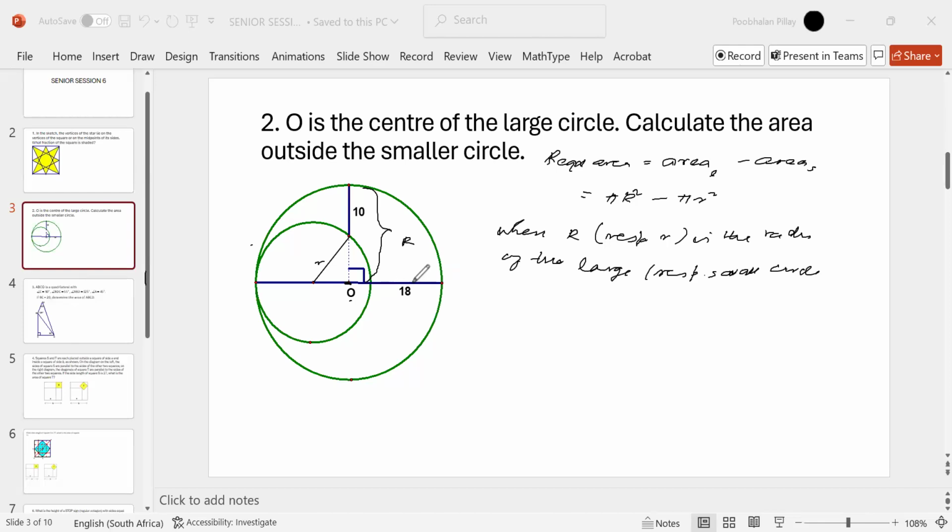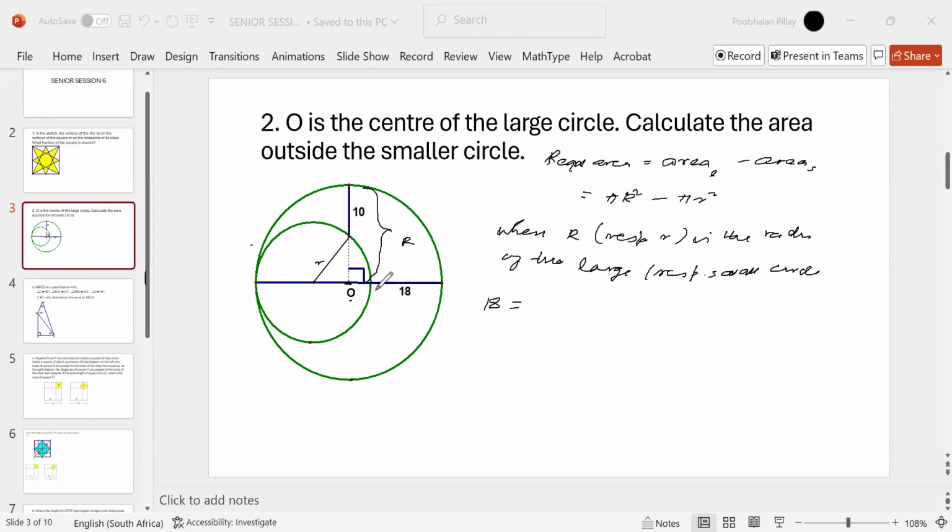This is 18. What is 18 equal to? 18 is equal to the large diameter minus the small diameter.